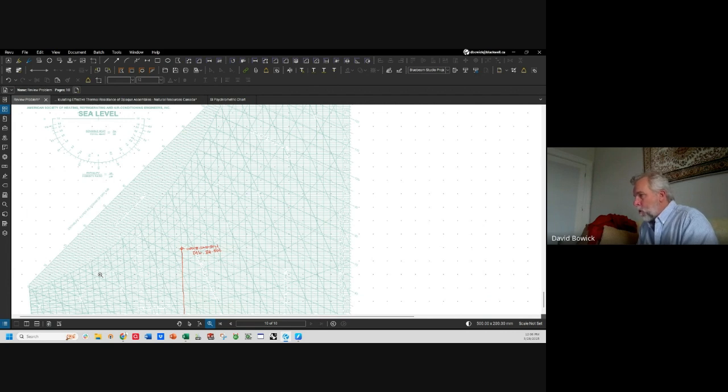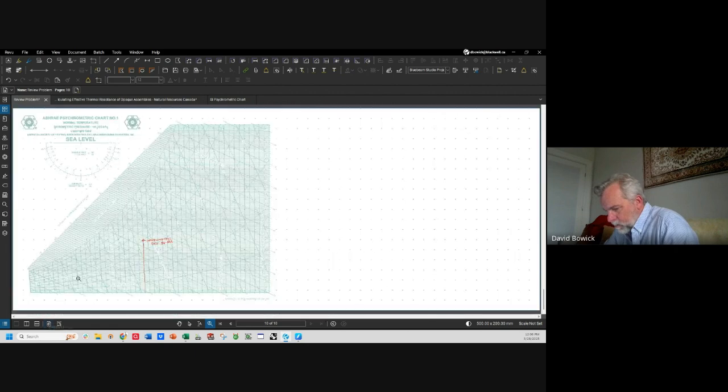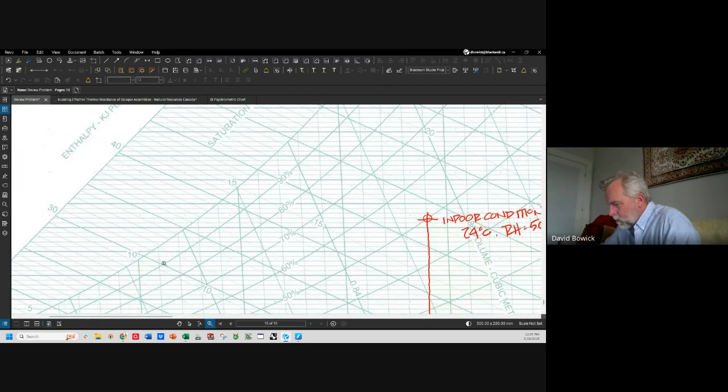And we want to know what the dew point of that air is. So we're going to come back and draw a line. Constant moisture content. Horizontal line is our moisture content.